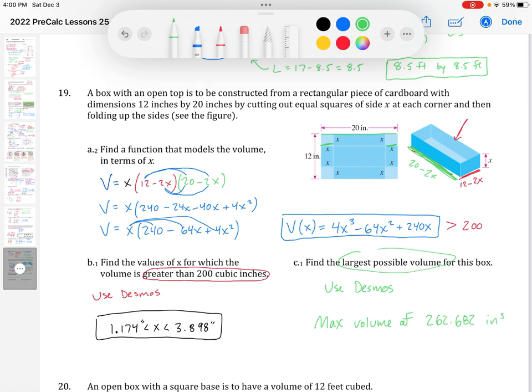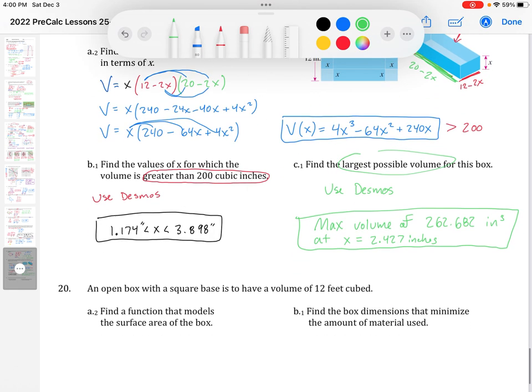And that would be inches cubed at an x value of 2.427 inches. All right, so that would be your max.